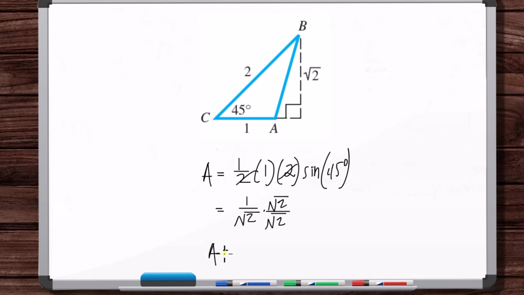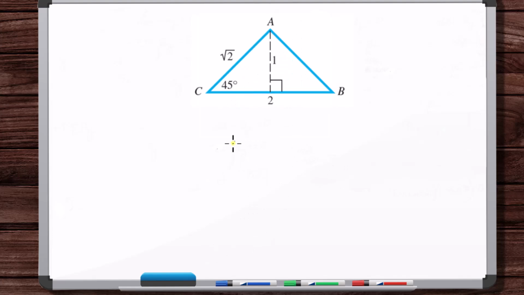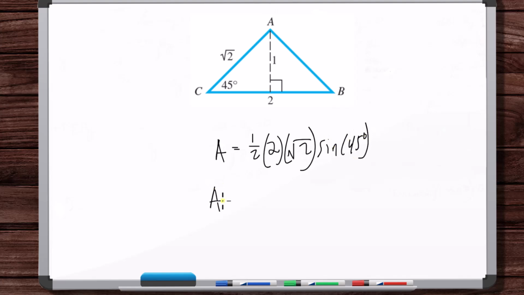So area is equal to root 2 over 2. Okay, so area is equal to 1/2. Let's use these two side lengths. So 2 times root 2 times the sine of 45. So root 2 times sine of 45 is 1 over root 2. So the area is equal to 1.